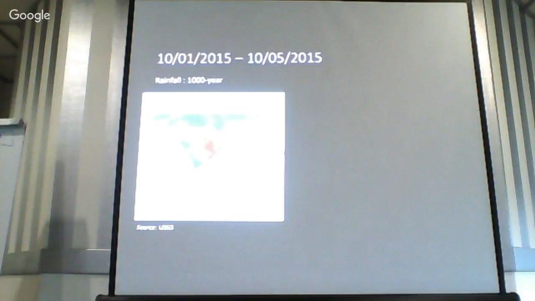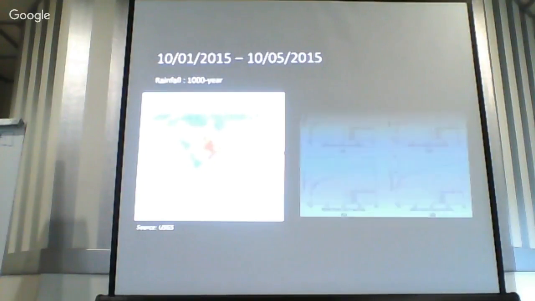For this event, we observed two interesting points. The first is that a 1,000-year or 500-year event didn't cause a river response of the same recurrence interval. So the river's response to this extreme rainfall is quite mild.